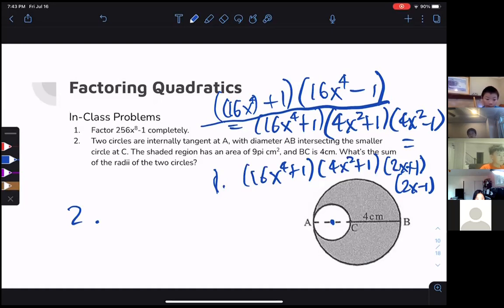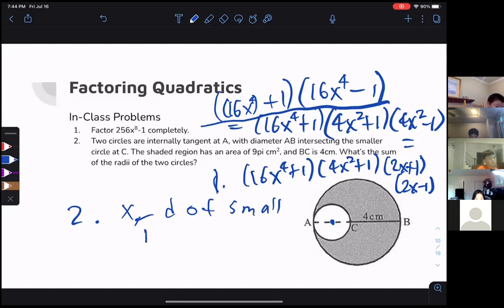So first, what do we set our variables to be? Our variable is x, and that shall be the diameter of the smaller circle. So the radius of the larger circle is (4 plus x) over 2. The area of the larger circle will then be ((4 plus x) over 2) squared, times pi.